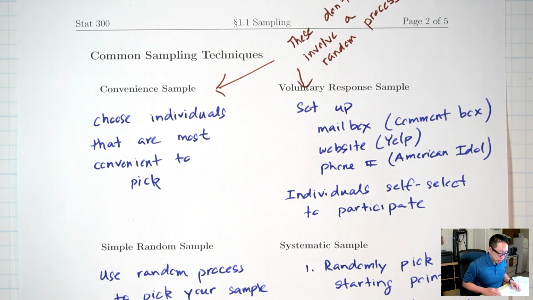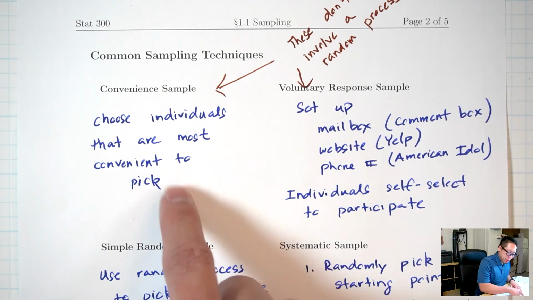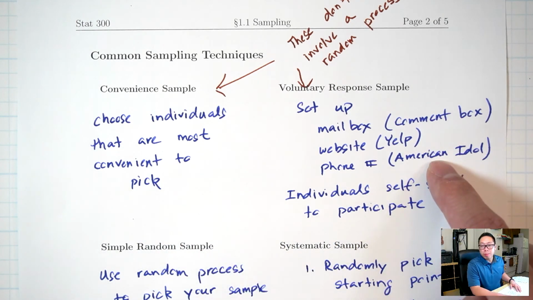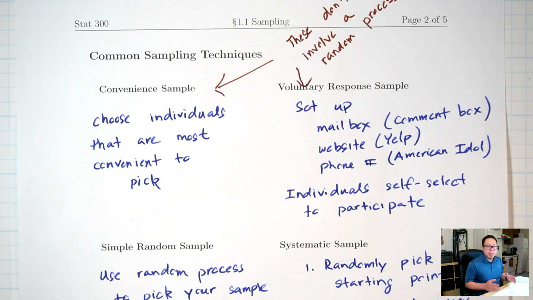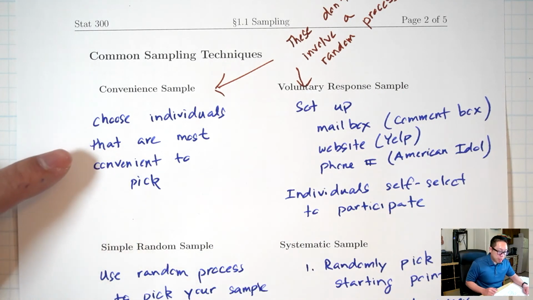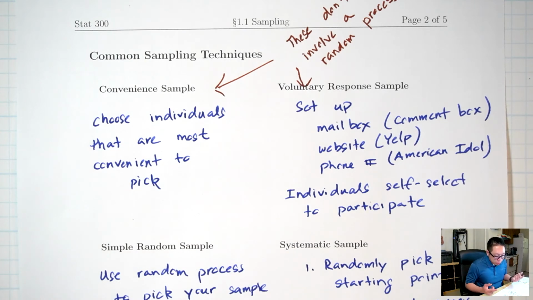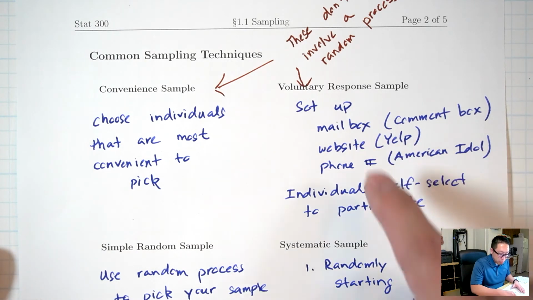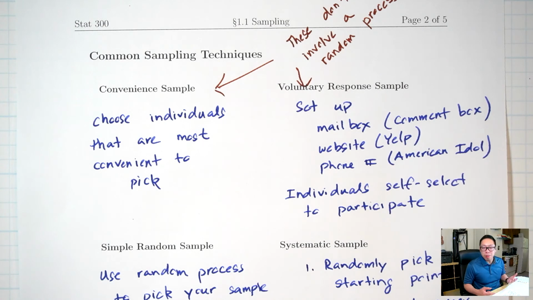Before we move on, let me clarify one thing. For questions where the answer is convenience sample or voluntary response sample, I can sometimes see the answer being both of them, depending on which way you look at it. A convenience sample to me is you're taking the easy way out, right? You're just picking the people that are easiest to pick. And it can be argued that a voluntary response sample, where you're setting up a mailbox, a website, a phone number, is also an easy way out, because it's pretty easy to set that up and just wait for people to come in and participate.